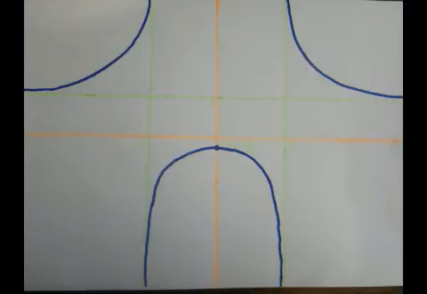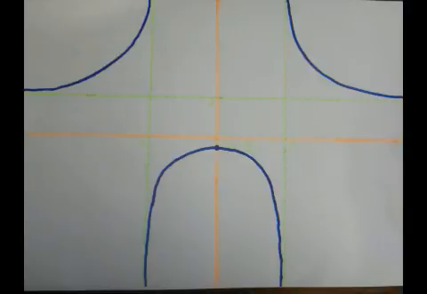Going again to the other side of the graph, we're going to have concave down for x equal to minus 1, minus 2, then at minus 3 it doesn't exist. Then the graph is also concave up at minus 4, minus 5 going to negative infinity.